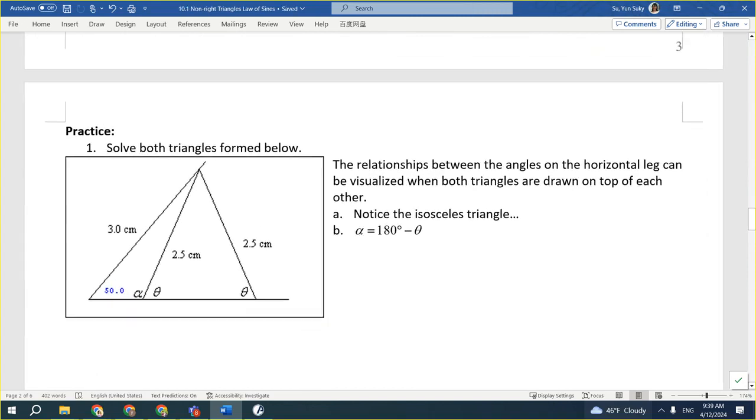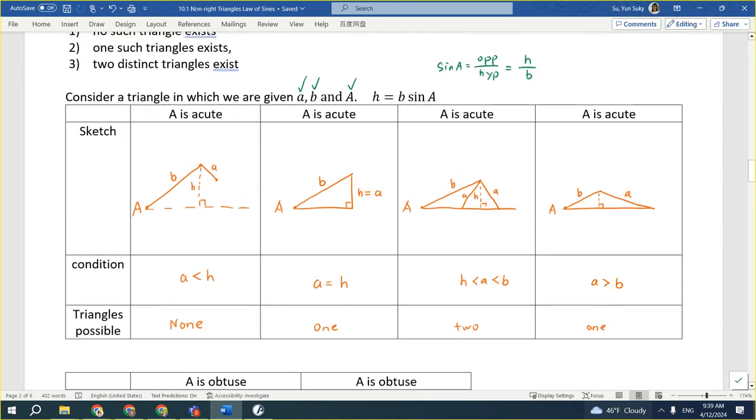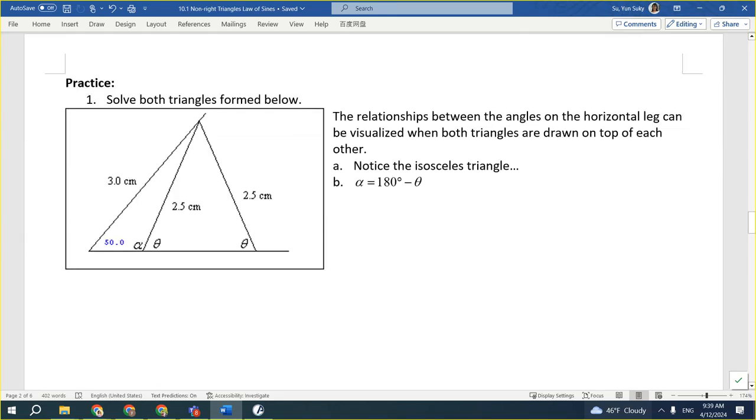Okay, so practice. Solve both triangles formed below. Here you see this picture. It's given to us. So we know we have two possible triangles. We've got to solve both of them.